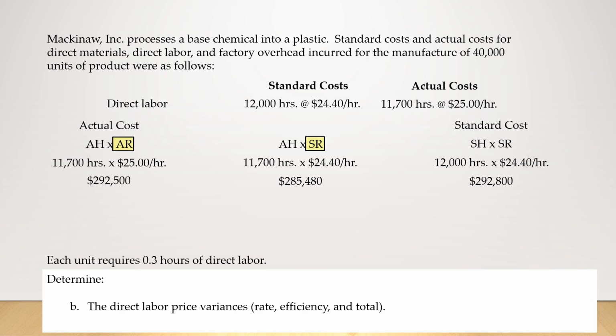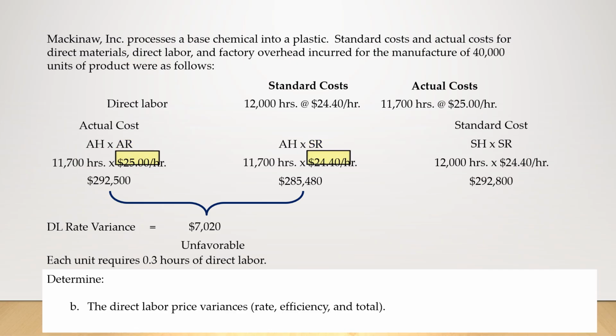The difference between the actual and standard rates for the actual hours worked is the direct labor rate variance, or $7,020. Is this variance favorable or unfavorable? Unfavorable. This is because the actual rate is greater than the standard rate. What Mackinac actually paid is greater than what it expected to pay.